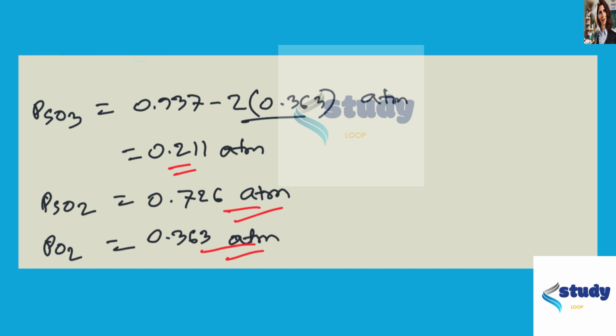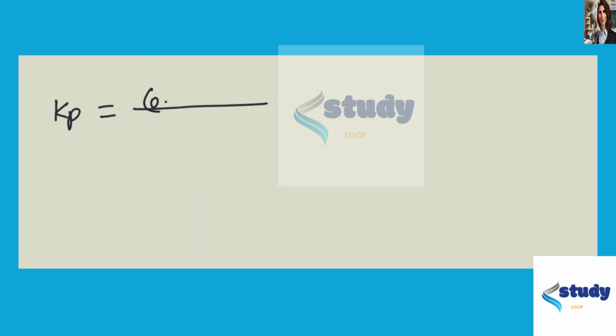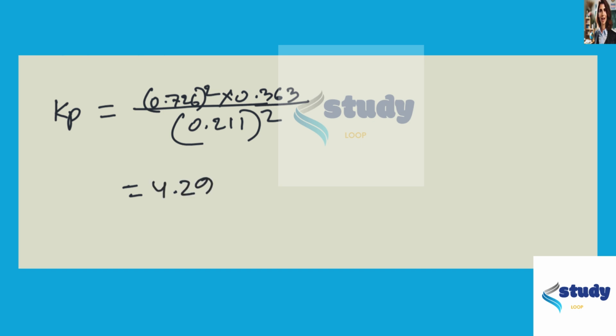We have calculated PSO2 as 0.726, so it will be 0.726 squared times the PO2, which is 0.363, and then in the denominator we will have the partial pressure of sulfur trioxide at equilibrium, which is 0.211, squared, and the value which we will get from here is 4.297. So this is the value of Kp for the reaction given.